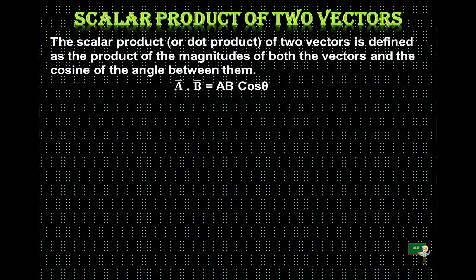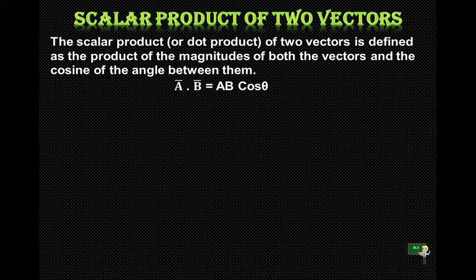Now let's move to the scalar product of two vectors. It's a very important question, so students, listen carefully. The scalar product or dot product of two vectors is defined as the product of the magnitudes of both the vectors and the cosine of the angle between them.